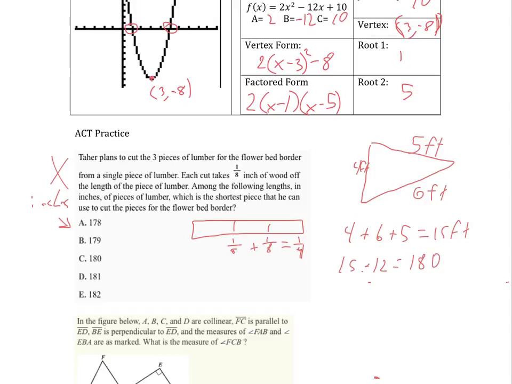So that makes you feel like you should circle C. However, don't forget about this 1/4 of an inch. That 1/4 of an inch needs to be added on to it, which gives you 180 and I guess a fourth. But that means the shortest piece that we can use to cut that would be D. That's the answer. Kind of a weird problem.